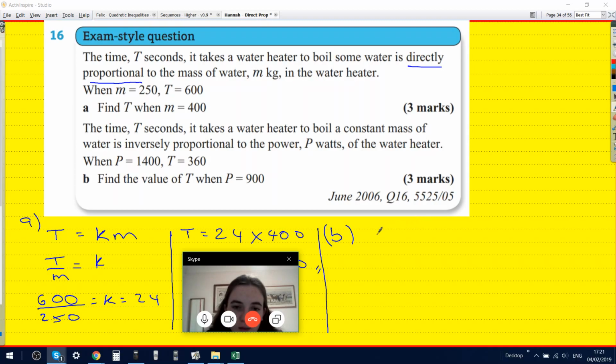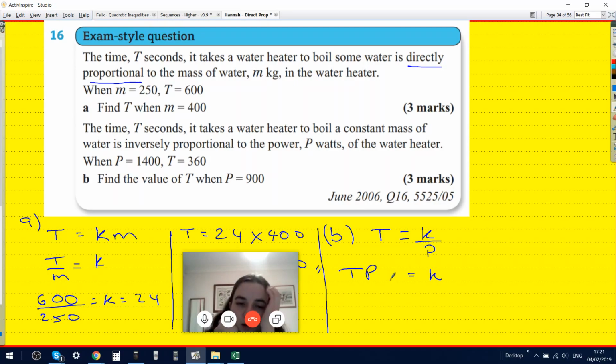T equals k over P. So k equals T times P. And then that'd be 360 times 1,400.